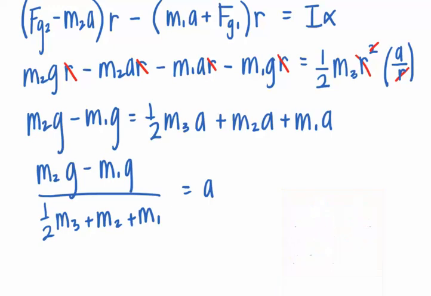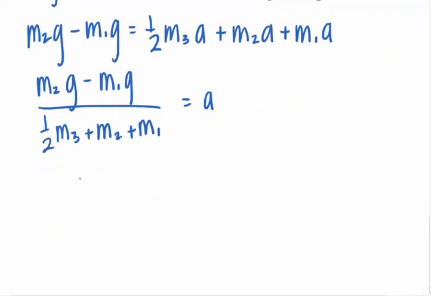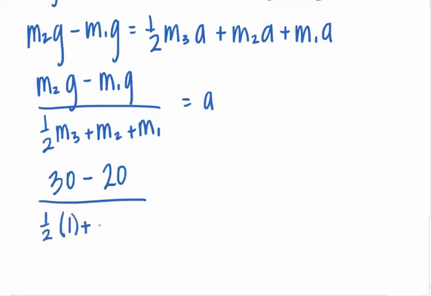How about that? Who's got a calculator? All right, here we go. So do you even remember the masses? M2 was 3, minus M1 was 2, 1/2 the mass of the pulley was 1, plus 3 plus 2.